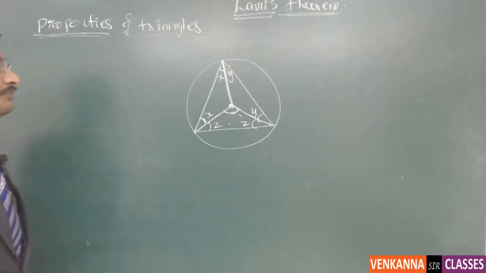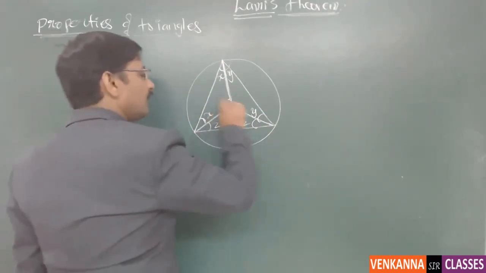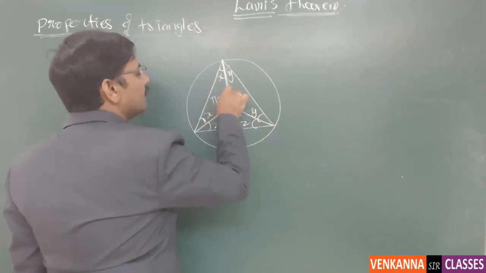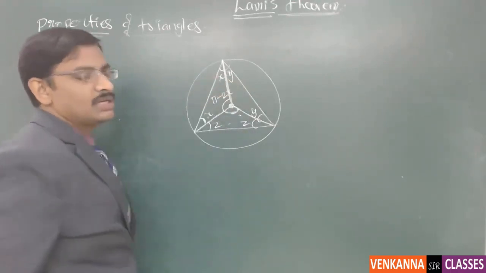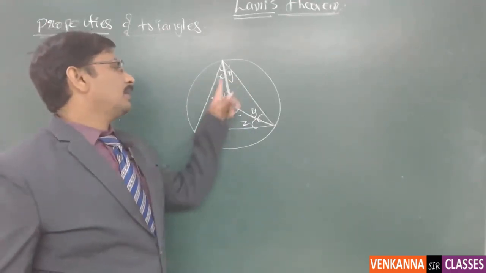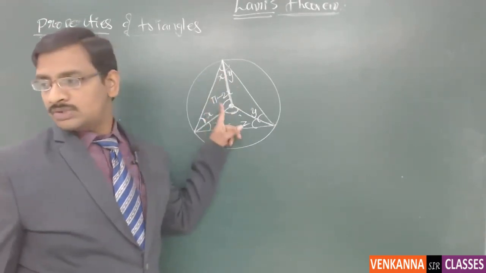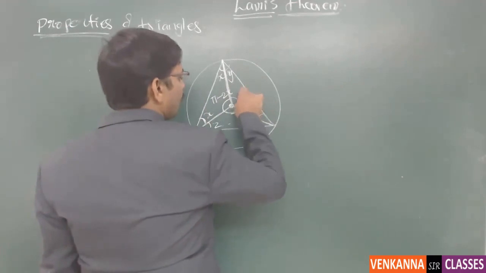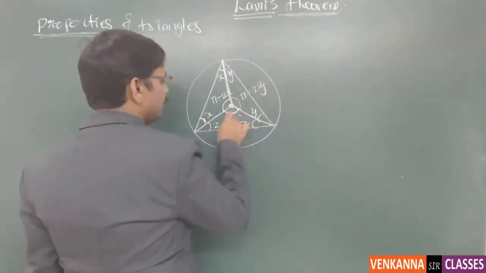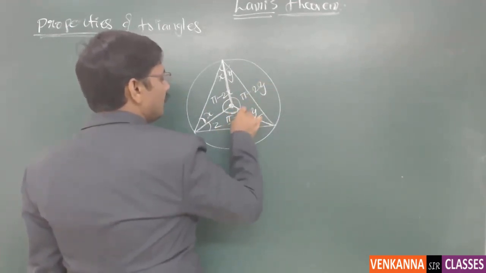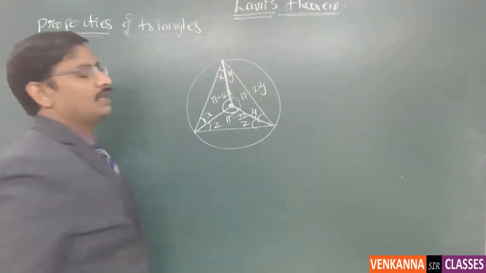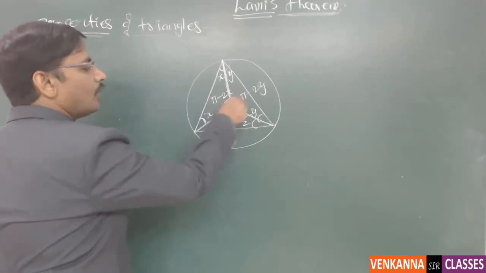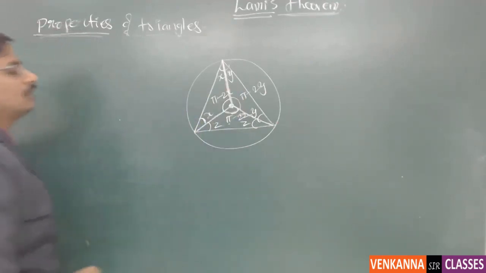Now this angle, if you calculate, will be pi minus 2x, because in a triangle all three angles add up to 180 degrees. So 180 minus x minus x, 180 minus 2x is this angle. Similarly, this angle is pi minus 2y and this angle is pi minus 2z. Now in a closed circle, the total angle is 360 degrees. That means if you add up all these three angles, it should come to 360 degrees.